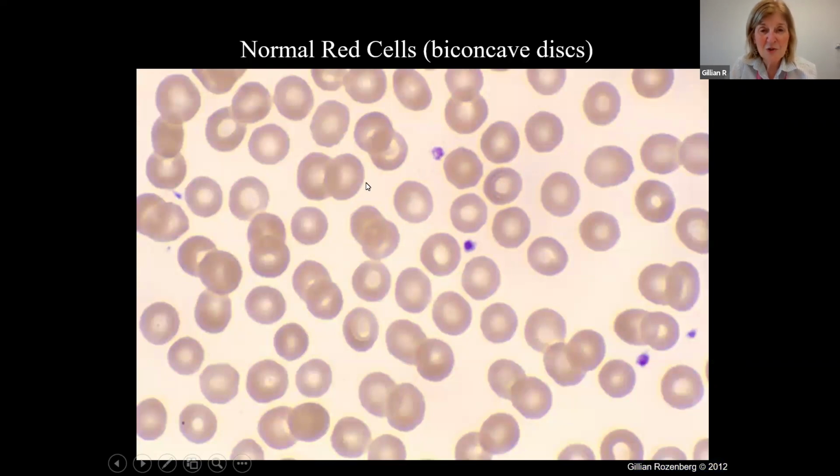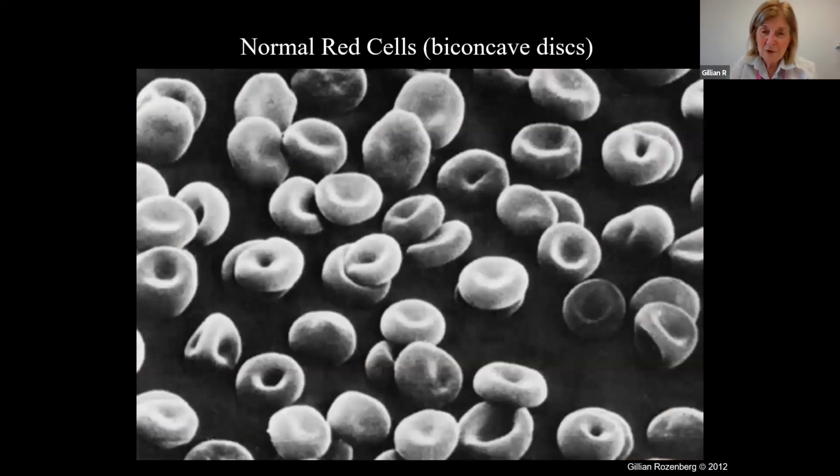So this just shows you normal red cells. Biconcave discs, and they have an area of central pallor, which you can see normally in normally forming red cells. I'm also including the electron microscopic images of red cells, and these images all come from a book which was compiled by a French author called Marcel Bessy.